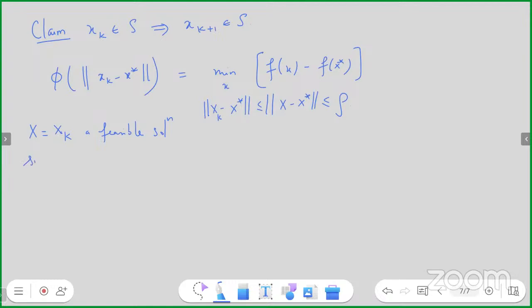So P of R star is less than or equal to f of xk minus f of x star, because the min will only be smaller, and this is less than P of r.